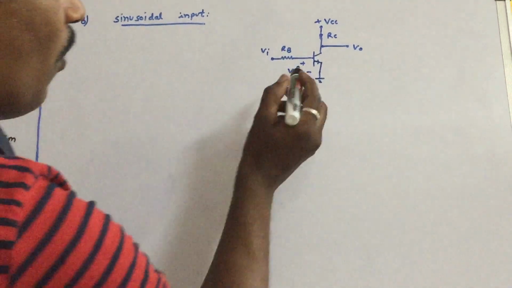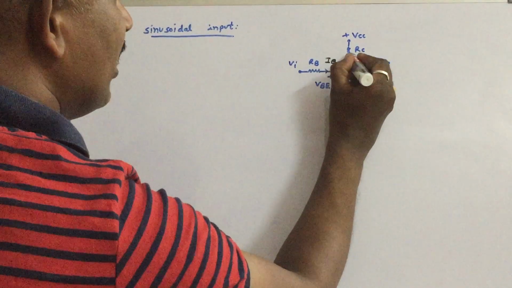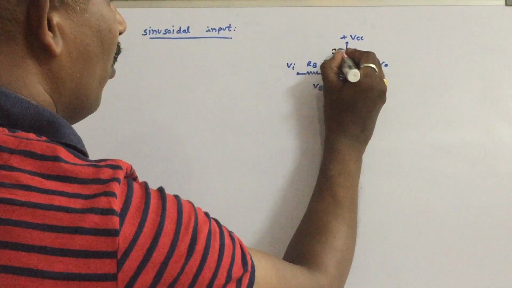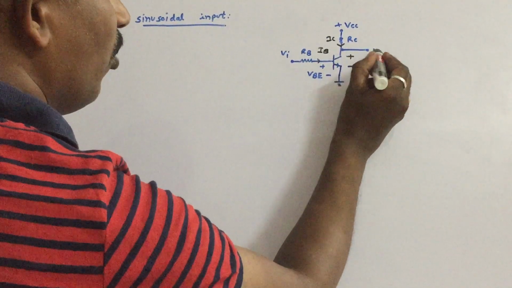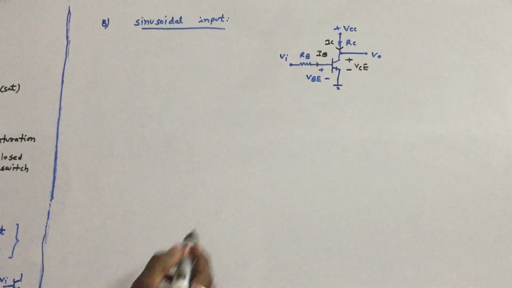In this sinusoidal input, what we have to draw is the base to emitter voltage, the base current waveform, the collector current waveform, and the output voltage waveform. This is VCE.